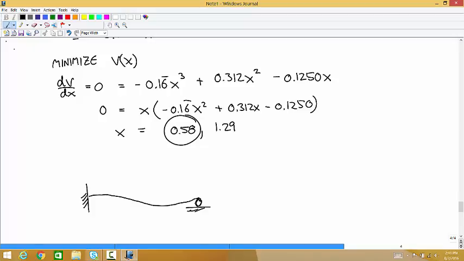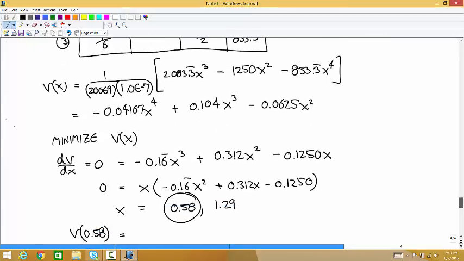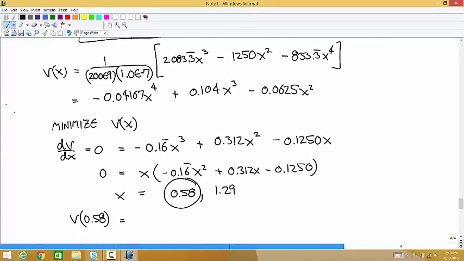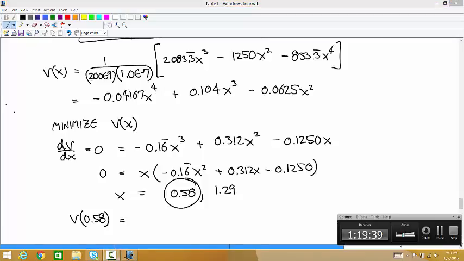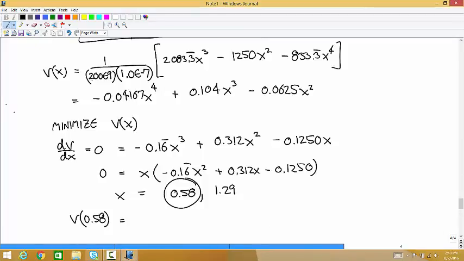So that's where the minimum is, and the value of this deflection is, I got negative 0.0054 meters.